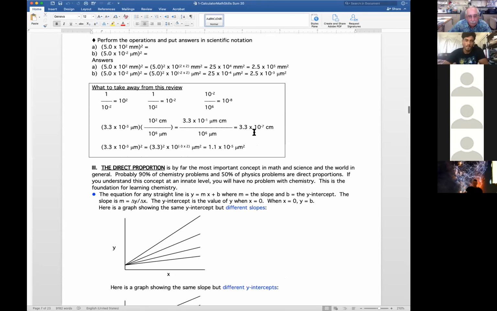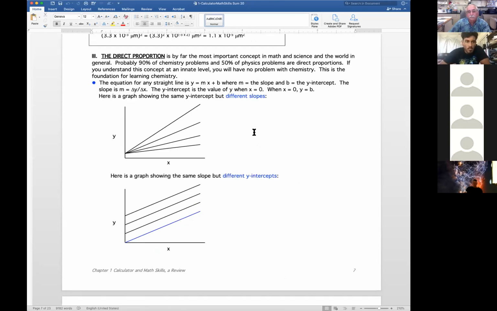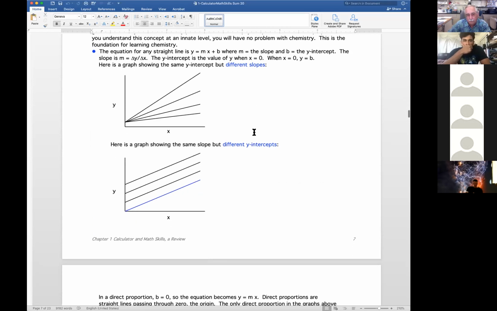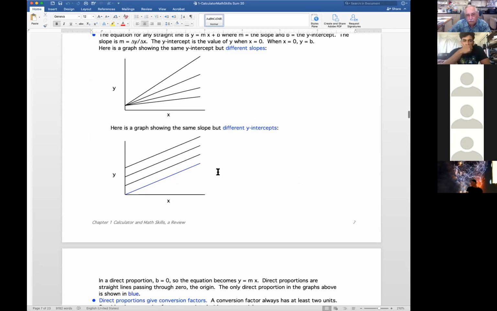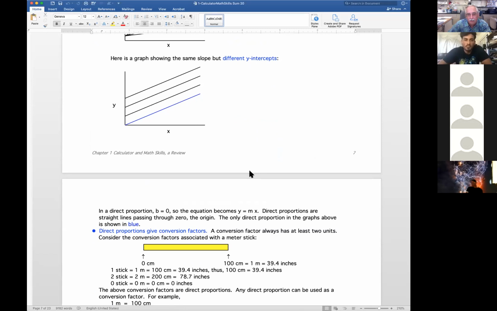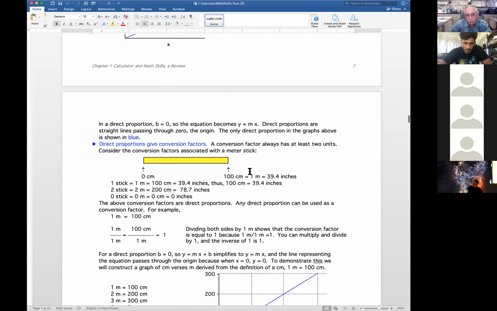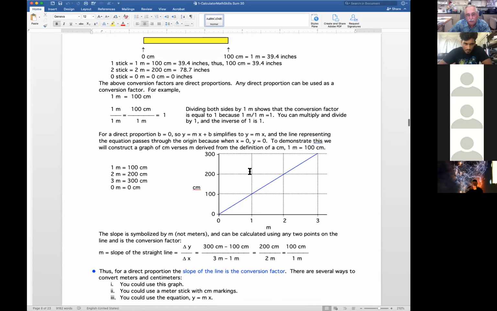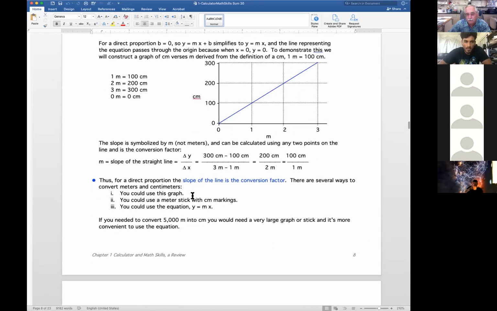Let's see. And then the direct proportion. If you understand what a direct proportion is, if you look at all these lines, there's only one, the blue one, right? It's a straight line that passes through the origin. And the slope of that line, because the equation is y equals mx, because b is equal to 0, the slope of that line is the conversion factor.